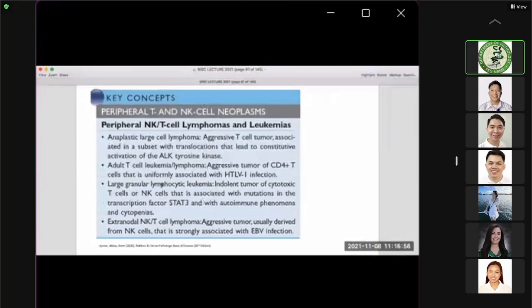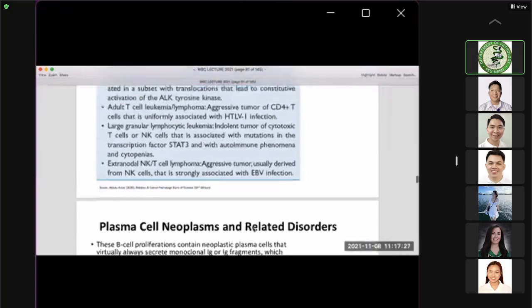Yung large granular lymphocytic leukemia, it's an indolent tumor of cytotoxic T-cells or NK cells associated with mutation in this transcription factor, with autoimmune phenomena and cytopenias. And then extranodal NK or T-cell lymphomas. These are aggressive tumors, usually derived from NK cells, aggressive compared to the T cell, associated with EBV infection.